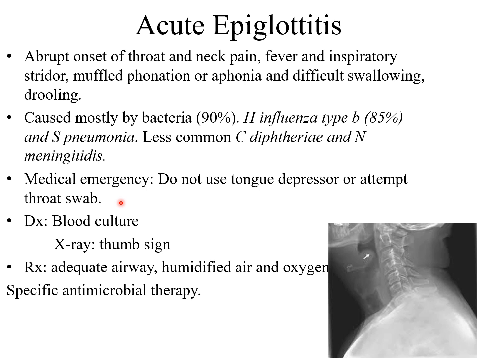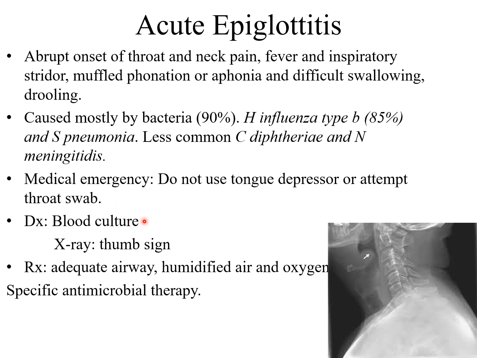Caused mostly by bacteria. 90% caused by bacteria, and 90% of the cases is caused by Haemophilus influenzae type B. Here the typable Haemophilus influenzae, type B. Less commonly Streptococcus pneumoniae, Corynebacterium diphtheriae, and Neisseria meningitidis.